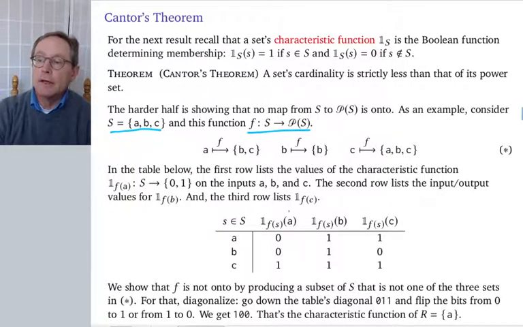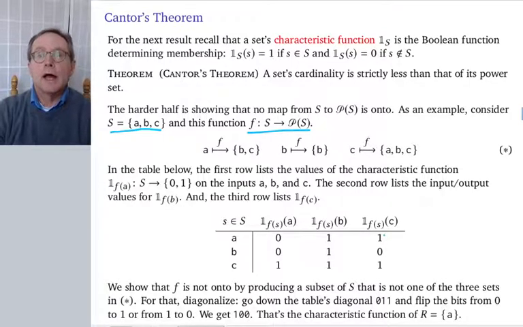When you apply the characteristic function of f of little a to a, you get no. Applied to b, you get yes. Applied to c, you get yes.